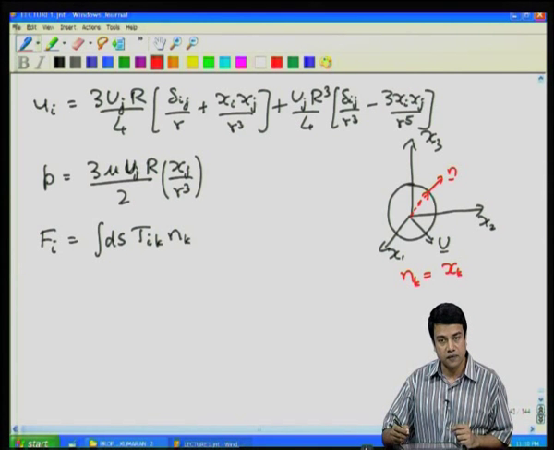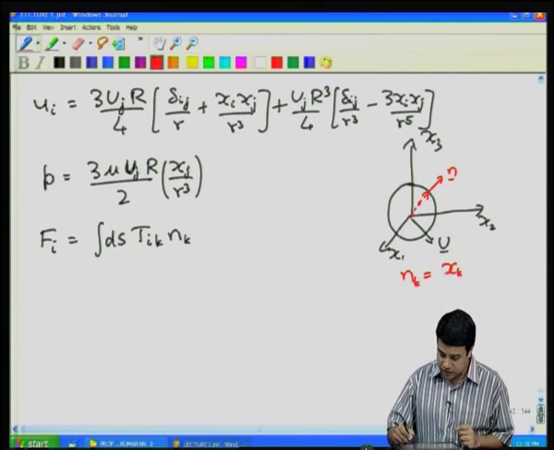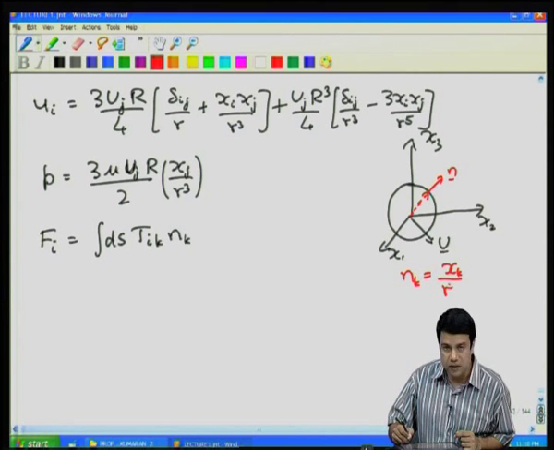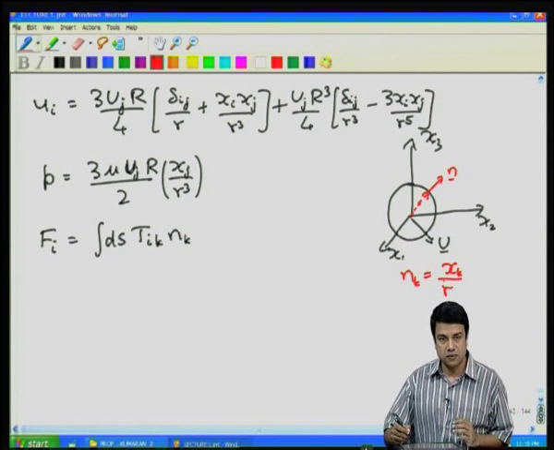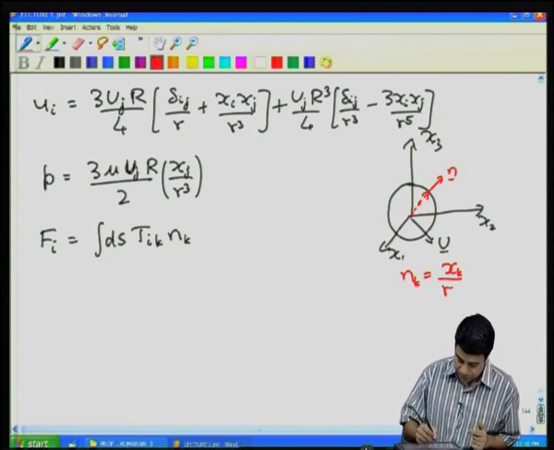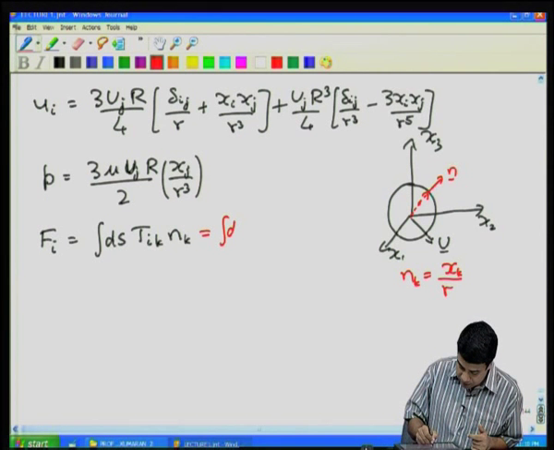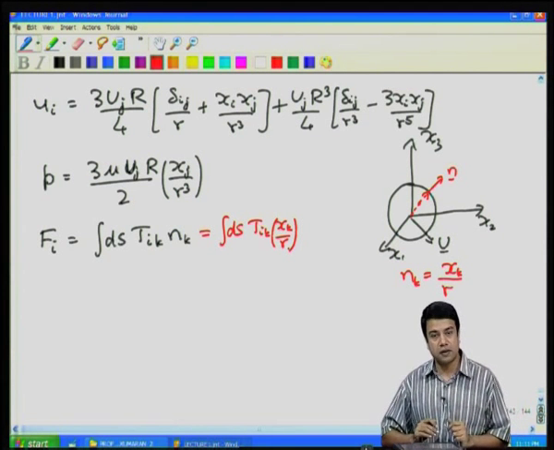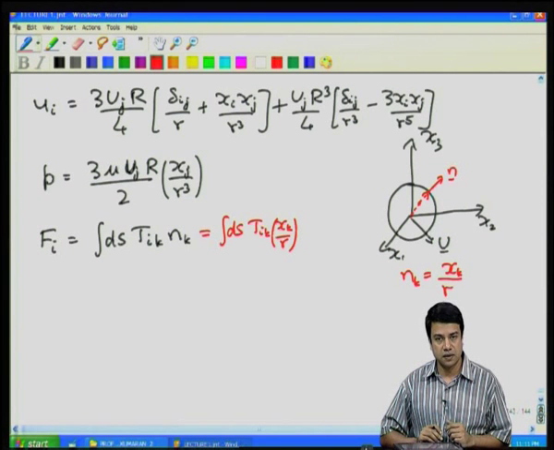Therefore, the length of the position vector is just equal to the radius itself. So, n_k is equal to just x_k by r, where x_k is the position vector to that point on the surface and r is the radius, the distance from the origin. So, this force becomes the integral dS sigma_ik x_k by r, integrated over the entire surface of the sphere. So, that is what is going to give me the force.